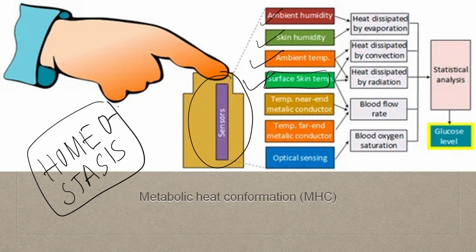Then the temperature at the near end of the metabolic conductor and the temperature at the far end of the metabolic conductor, and optical sensing. These are the parameters which have to be figured out.